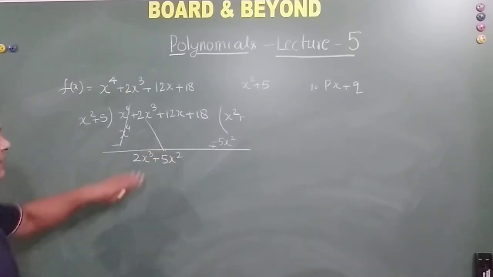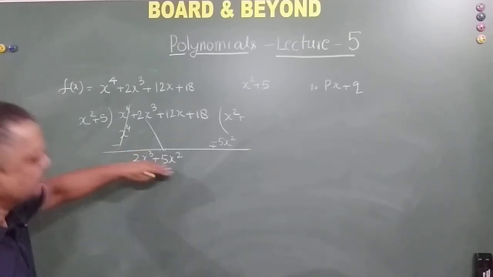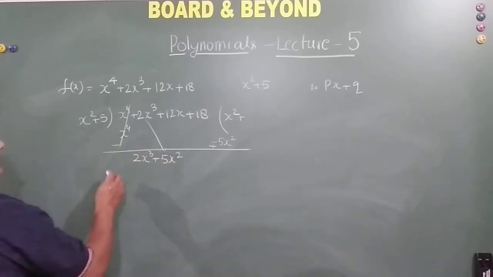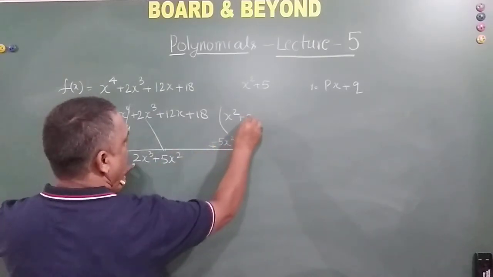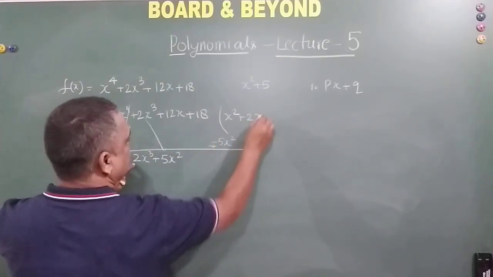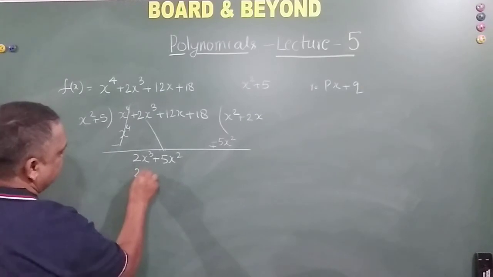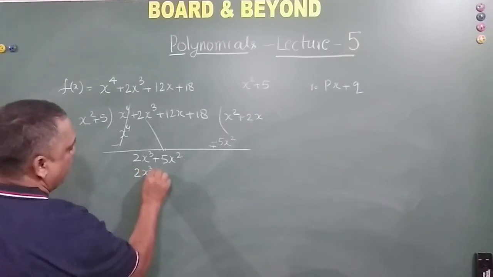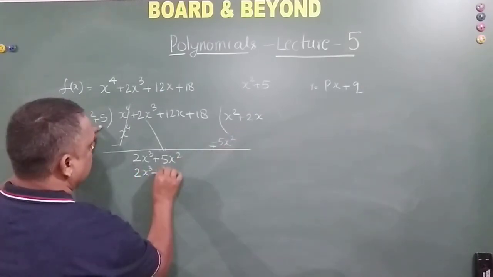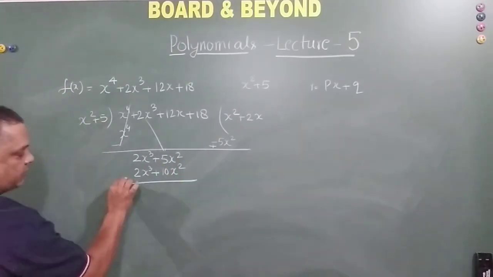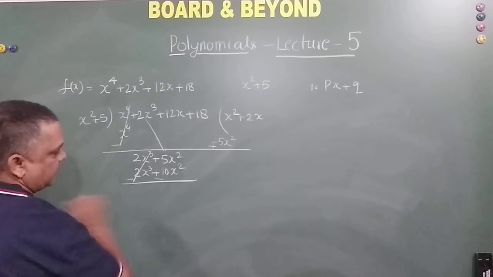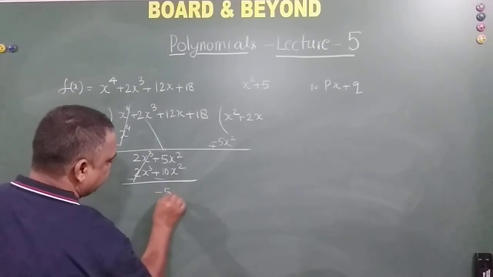Now you move forward. Sorry, we have to arrange it in decreasing power, right? So 2x cube we need to get. So I will multiply with 2 and then x, right? So this will leave me with 2x cube plus, this into this is nothing but 10x square, right? So minus cancels. So this leaves me with 5x square.